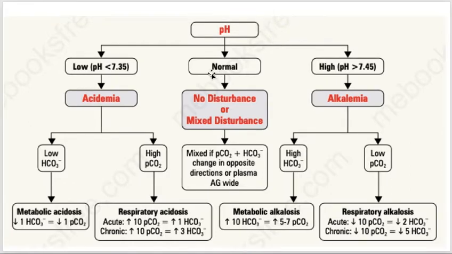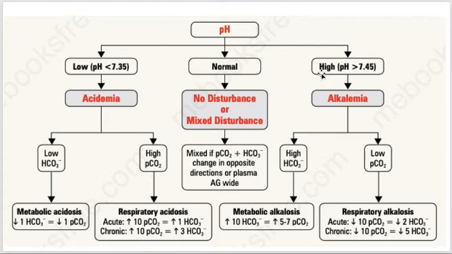So if the pH is normal, within 7.35 to 7.45, or the pH is low, which is less than 7.35, or the pH is high, which is more than 7.45. So this is acidosis, this is alkalosis.